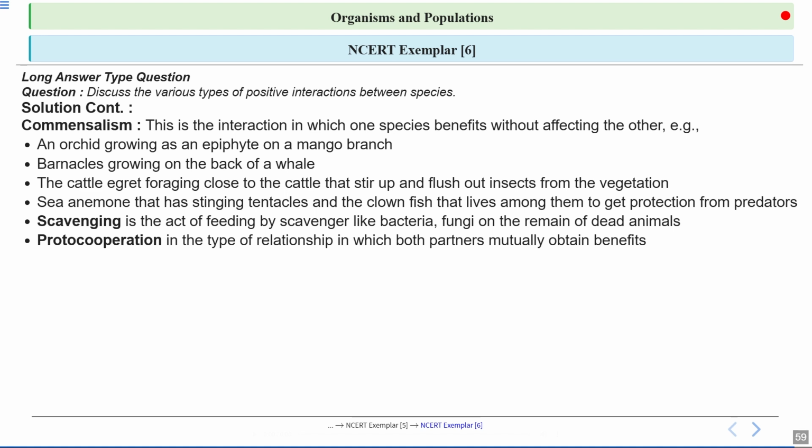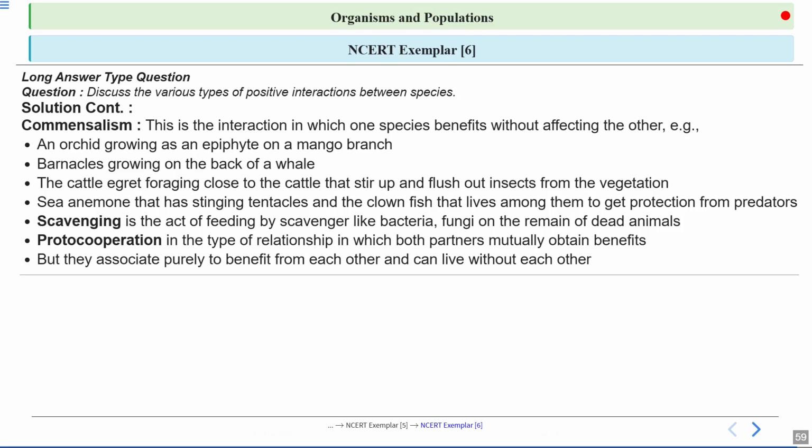They can even survive without the other partner as well. In protocooperation, the association is purely for mutual benefit, but the species can live independently as well. This flexibility distinguishes protocooperation from more dependent relationships like mutualism.